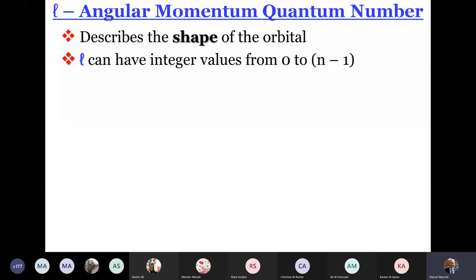If the electron is at level 2, we have two types of motion. The electron is found on the points on the shape L equals 0, or the electron is found in the shape of points where L equals 1. And for n equals 3, n equals 4, how many values do we have for L?